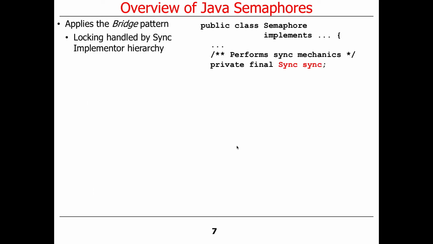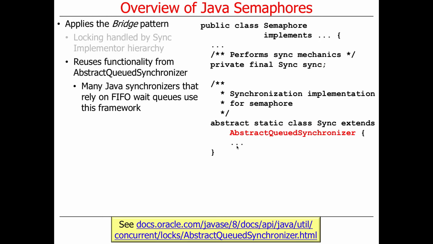The way this is implemented under the hood is by an implementation hierarchy, or so-called implementer hierarchy if you're using pattern nomenclature, which is handled by this Sync object. So we have this thing called a Sync. I'll explain Sync in a second. You have a sync field, and then there's going to be a Sync class, which extends something called AbstractQueuedSynchronizer. AbstractQueuedSynchronizer is a very powerful framework provided in Java that is used by a whole bunch of different Java synchronizers.